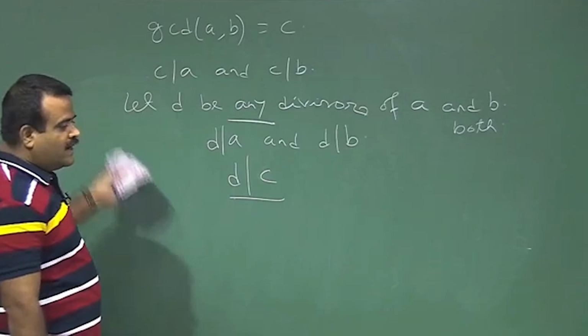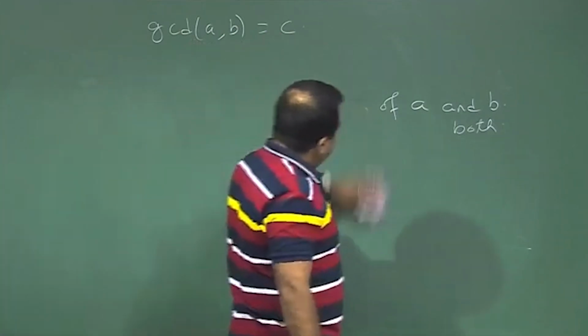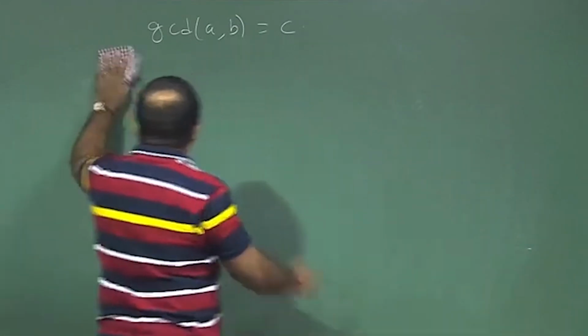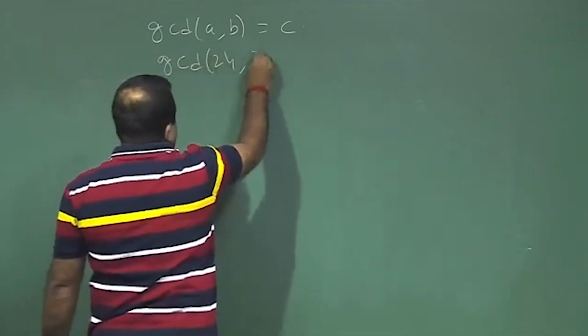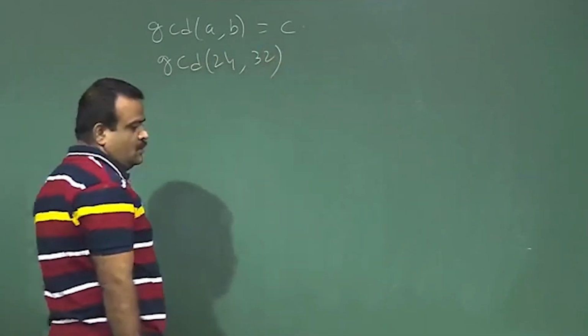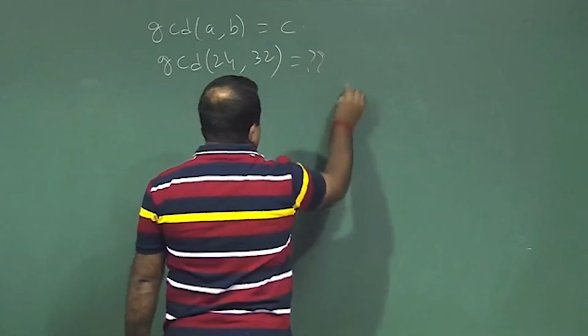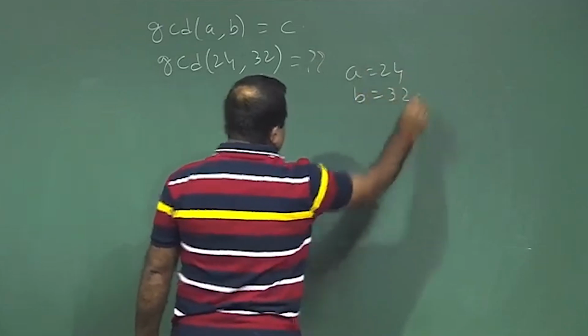Now, suppose we want to find the greatest common divisor of, say, 24 and 32. So, A is 24, B is equal to 32.